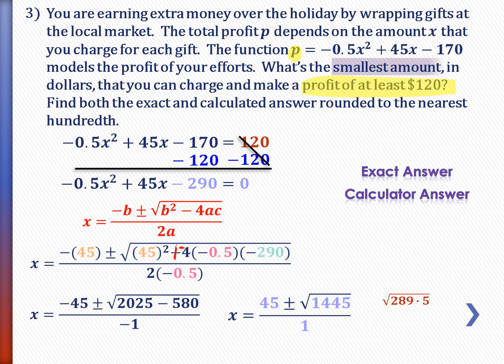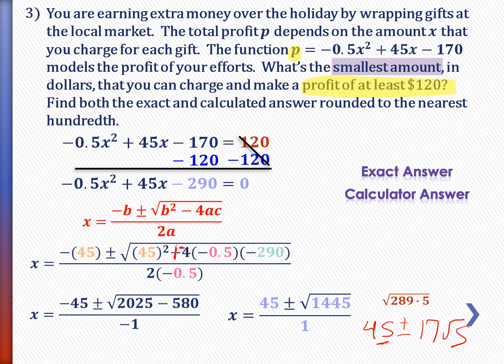So that's going to be, now remember, we want the smallest. So let's think about this. This is going to be 45 plus or minus 17 square roots of 5.